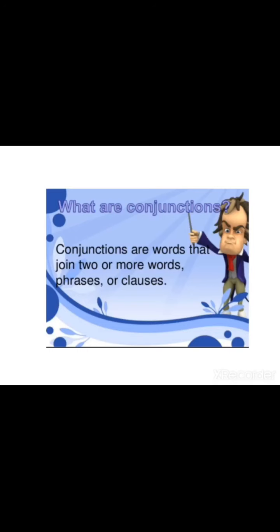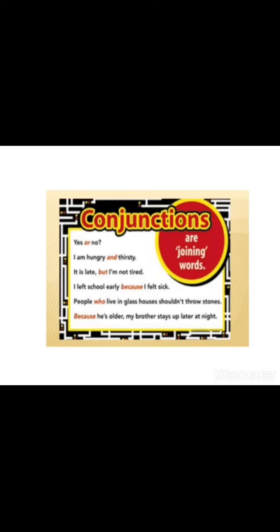In the examples, you can see yes or no. Or is a conjunction. You can see in the circle they have given you a tip, that conjunctions are joining words. And in the examples, you can see the bold words that are red in color. You can see they are conjunctions.